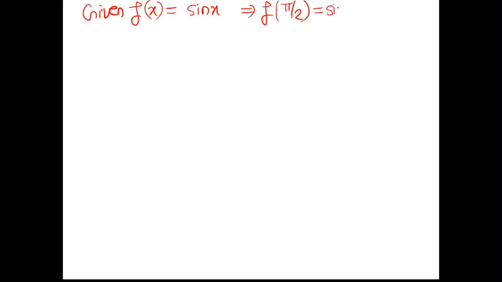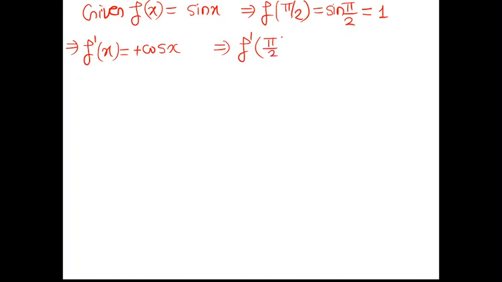So sine of pi by 2, what is sine of pi by 2? That is 1. Now differentiate, we will get f dash of x. The derivative of sin x is plus cos x. Find its value again at pi by 2. So cos of pi by 2 is equal to 0.